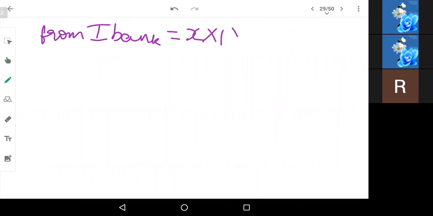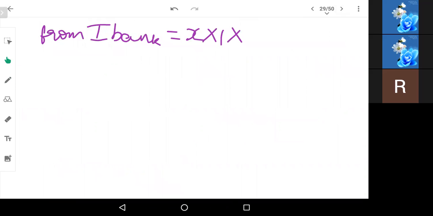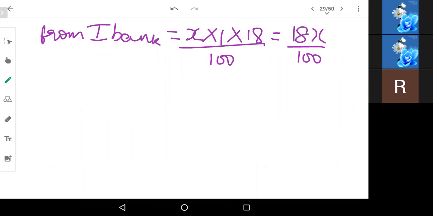Rate of interest from the first bank is 18%. So 18 divided by 100. So how much do you get? 18x by 100. 18 by 100 is 0.18x. So this is the interest for the first bank.